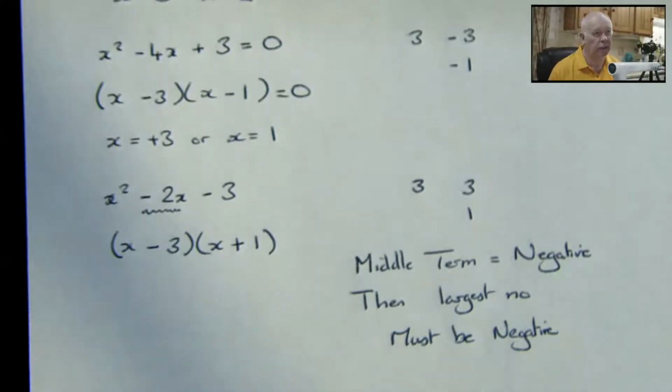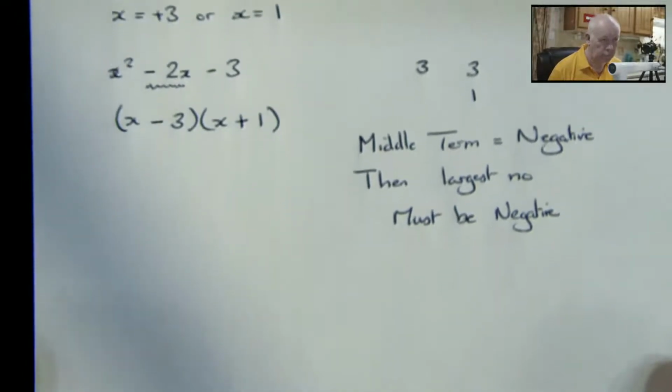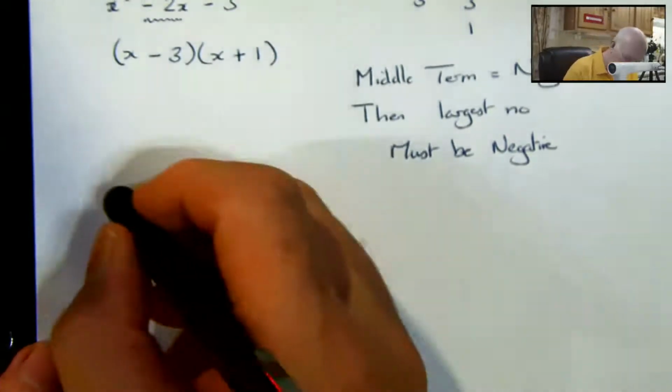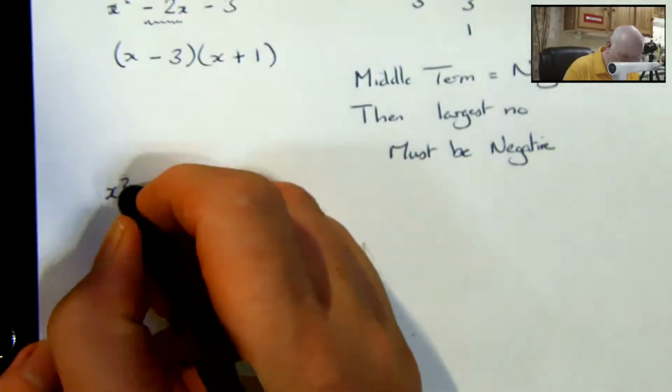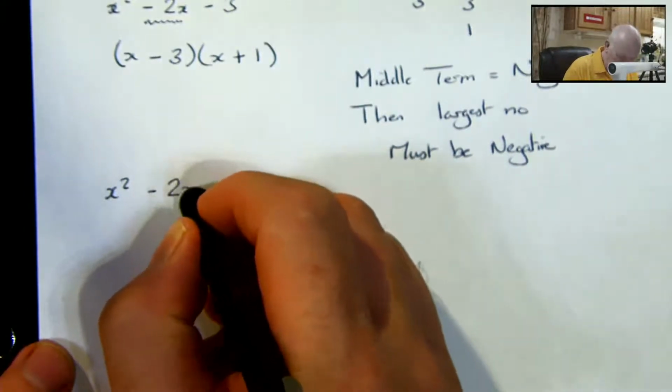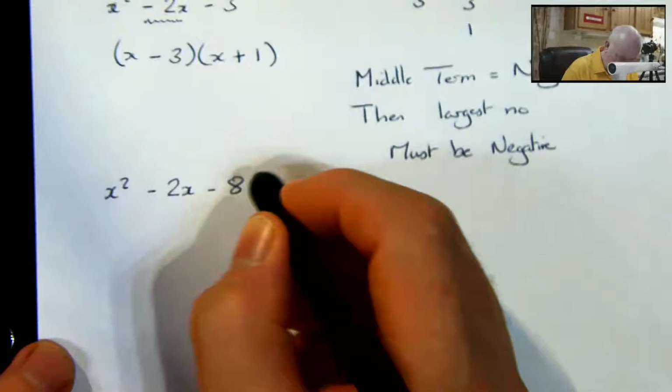Let's try a different one. I've got x squared minus 2x minus 8.